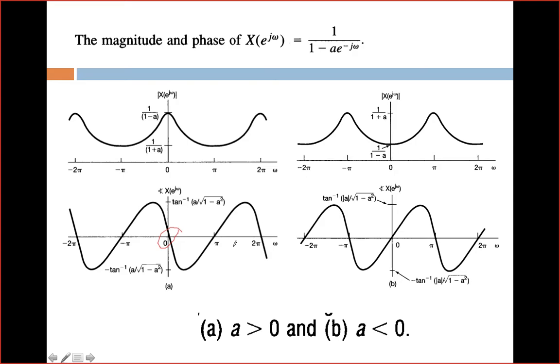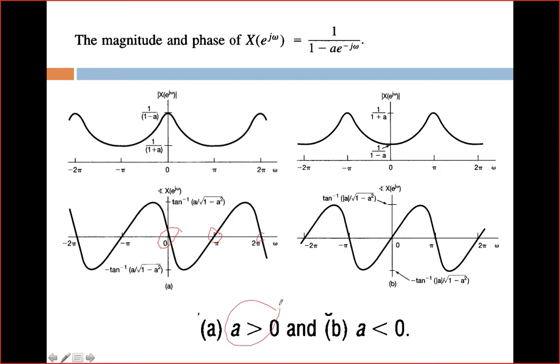You will get the maximum value at around pi by 2 or something like that, and whenever you substitute 0, pi, 2 pi, 3 pi, 4 pi, for all these values the phase plot will be equal to 0. It reaches the maximum very close to 0, on the negative side. So this is the magnitude and phase plot when a is greater than 0.